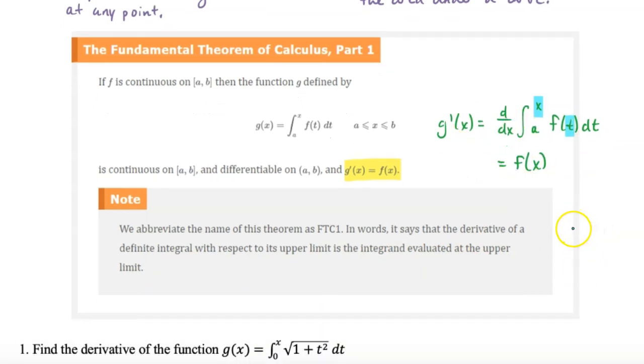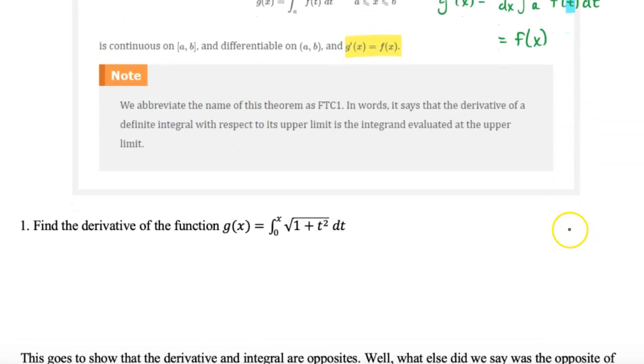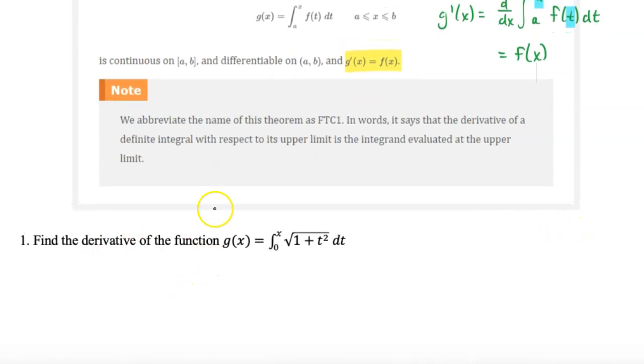So let's do an example of this. We want to find the derivative of the function g of x equals the integral from 0 to x of the square root of 1 plus t squared dt. Okay, I want to find this derivative.